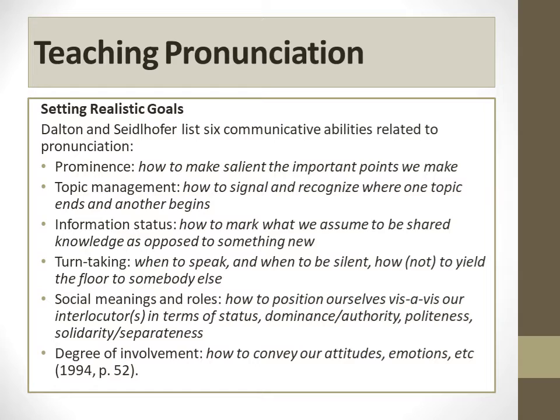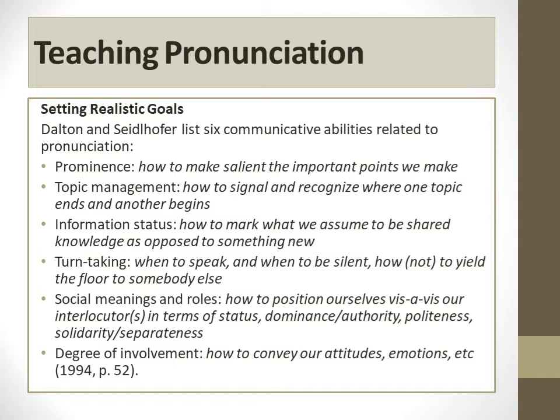Teaching pronunciation. Setting realistic goals. Dalton and Seidlhofer list 6 communicative abilities related to pronunciation. 1. Prominence, how to make salient the important points we make. 2. Topic management, how to signal and recognize where one topic ends and another begins. 3.